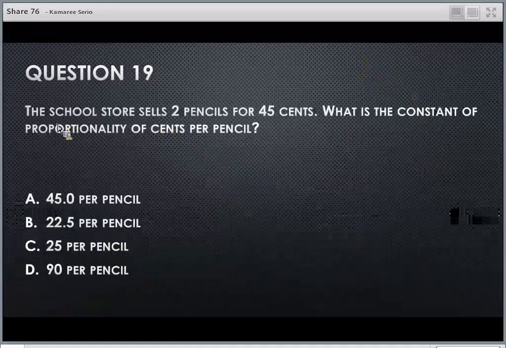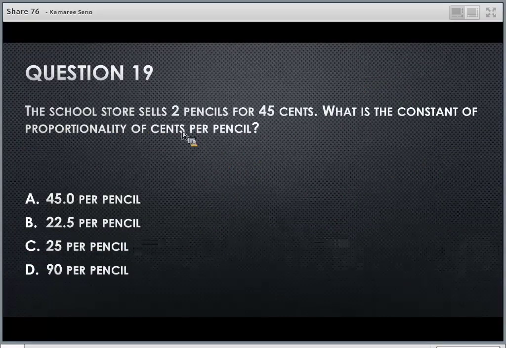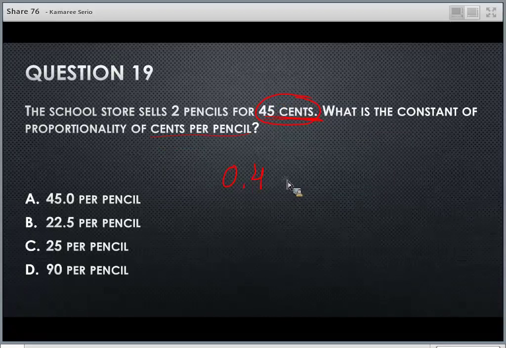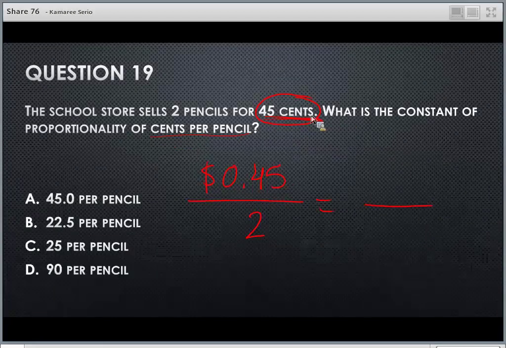All right, the school store sells 2 pencils for 45 cents. What is the constant of proportionality for cents per pencil? Now, this is a tricky one because it writes the money like this, 45 cents. So this is 0.45. We're talking about 45 cents for every 2 pencils. I want to know the constant of proportionality of cents per pencil.